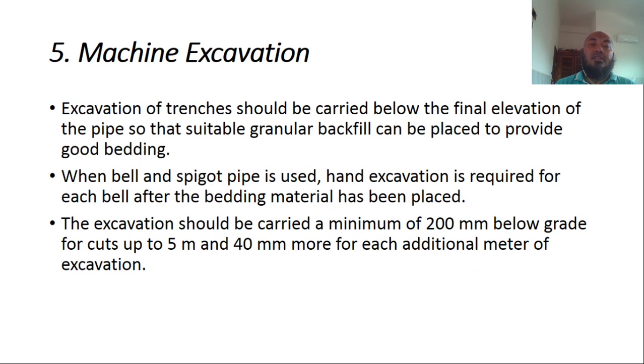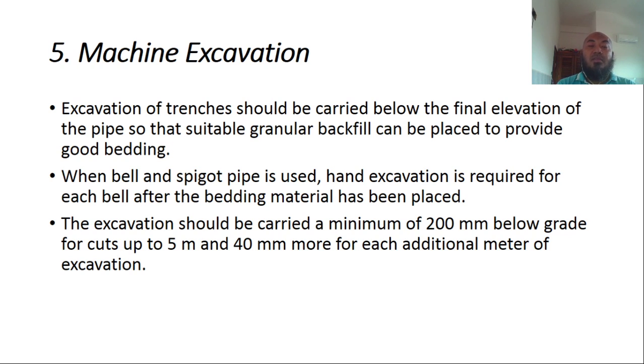Excavation of trenches should be carried below the final elevation of the pipe, so that suitable granular backfill can be placed to provide good bedding. When bell and spigot pipe is used, hand excavation is required for each bell after the bedding material has been placed.